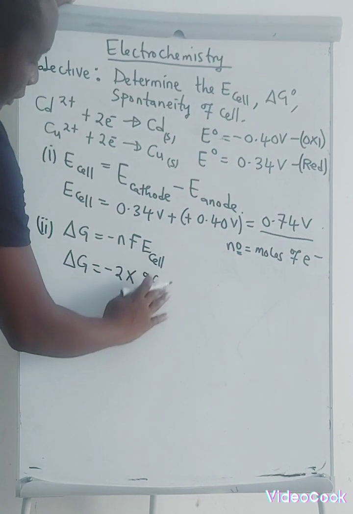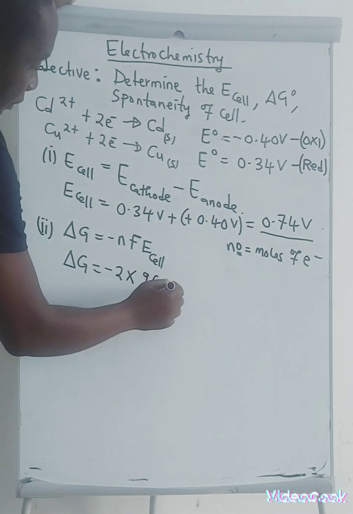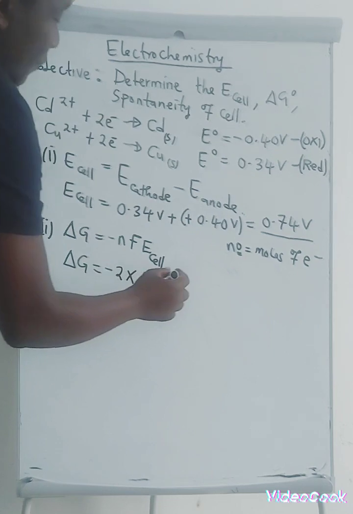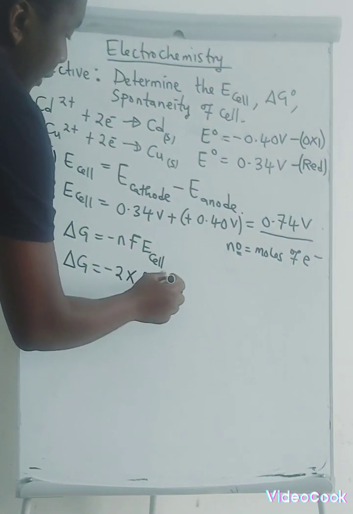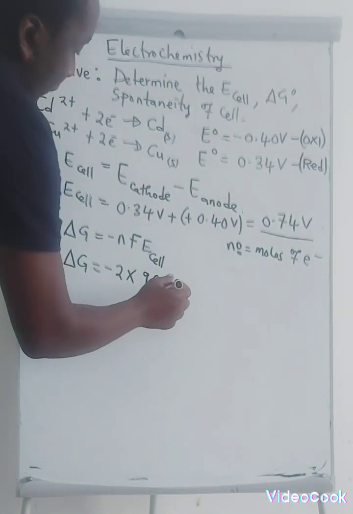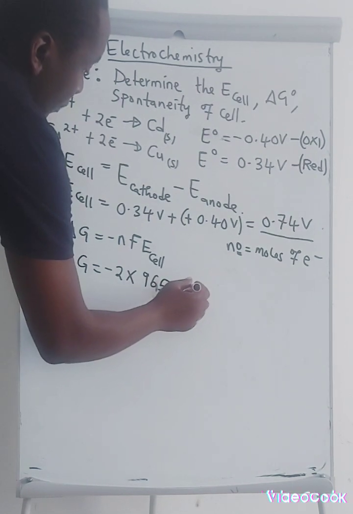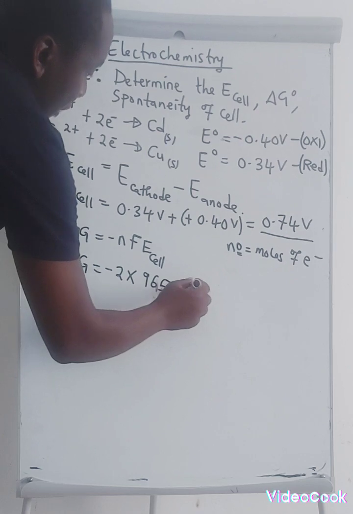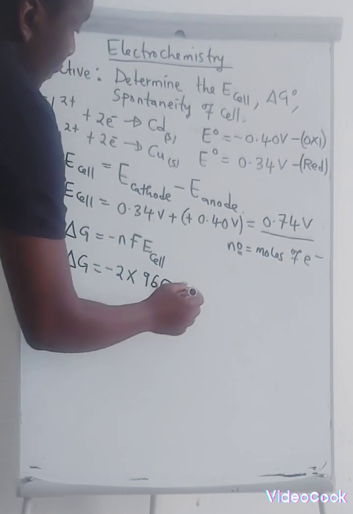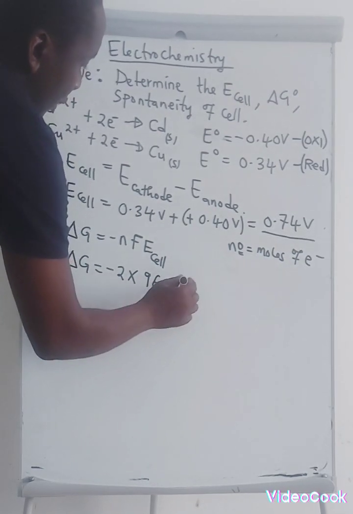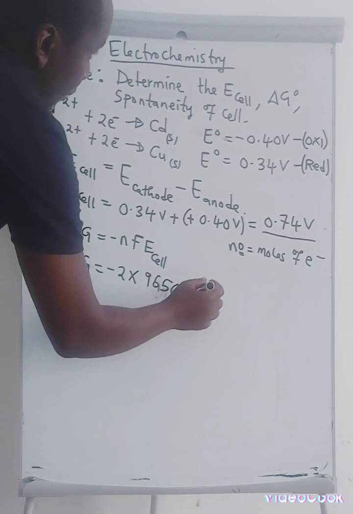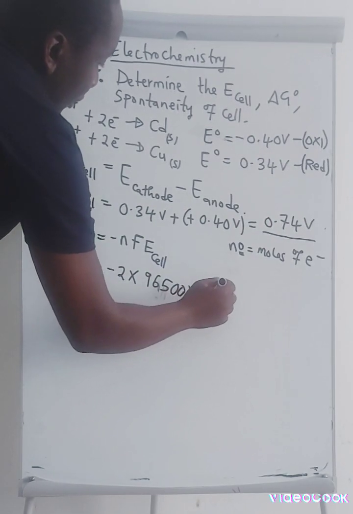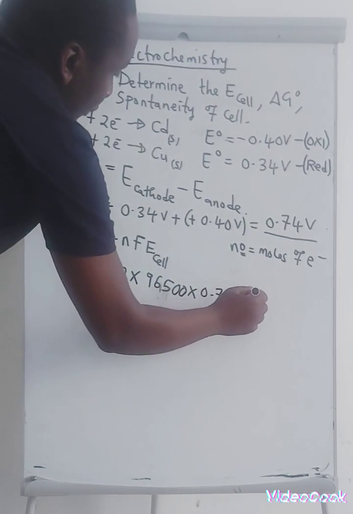Faraday's constant is 96,500, and the E cell is 0.74 volts.